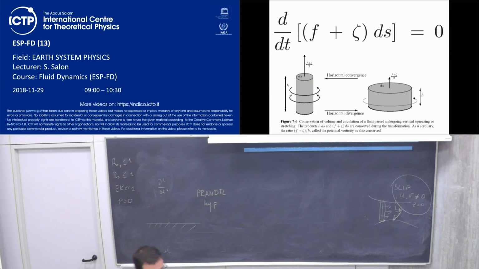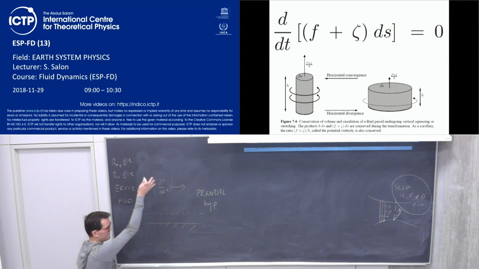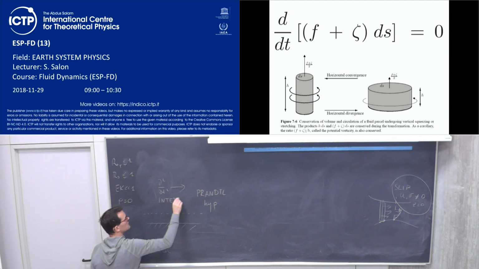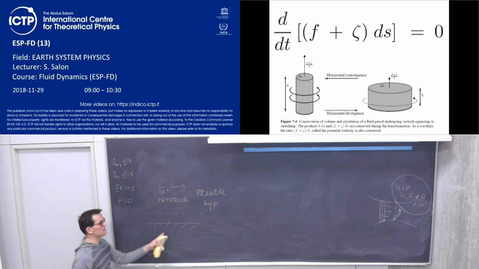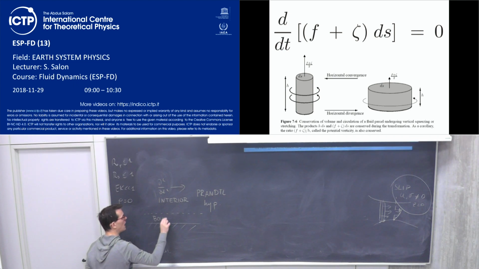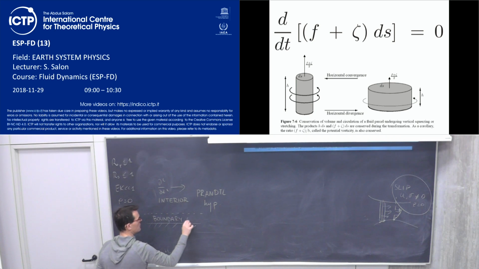Prandtl was one of the other big names in fluid dynamics, and he said, okay, if we have a flow which is flowing in some direction far from the boundary, and then we have a boundary, we can consider two different sections of our vertical section. The one which is farther from the bottom, we will call the interior. The interior will never feel the bottom. The one which is close to the bottom we'll call the boundary layer.